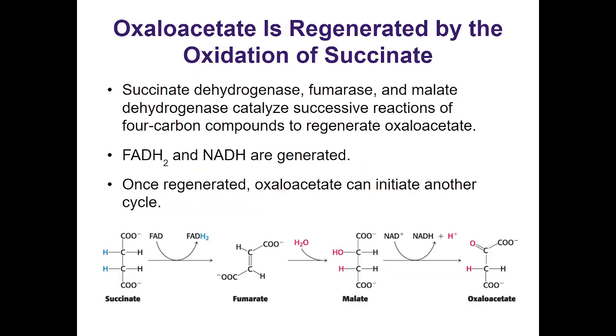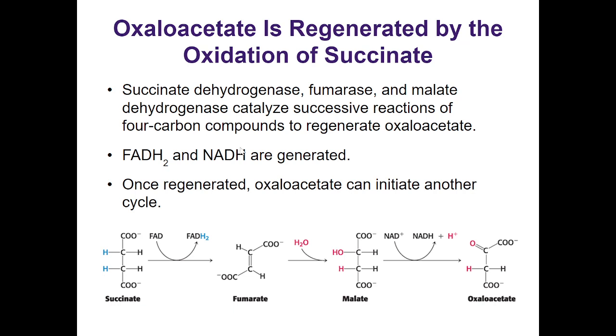Okay? The succinate dehydrogenase, the fumarase, and the malate dehydrogenase, these are all going to catalyze the successive reactions of 4 carbon compounds. These will regenerate the oxaloacetate, resetting our cycle. Remember, our cycle has to start with an oxaloacetate and an acetyl-CoA, right? The FADH2 and NADH are going to be generated during these steps.